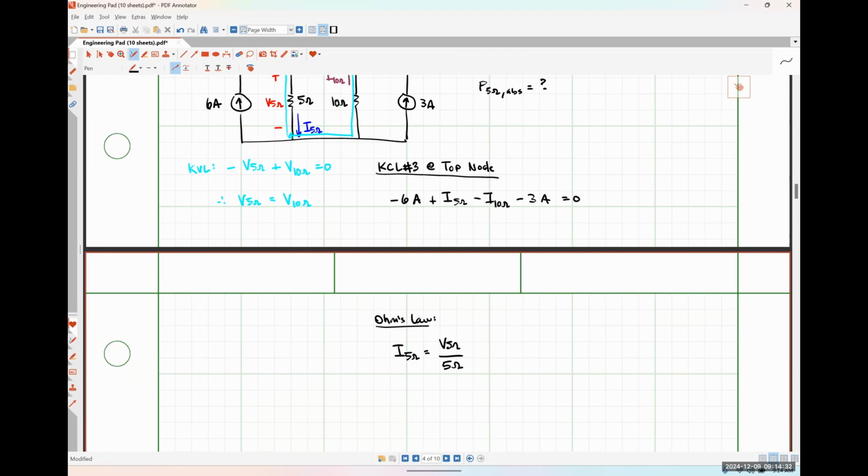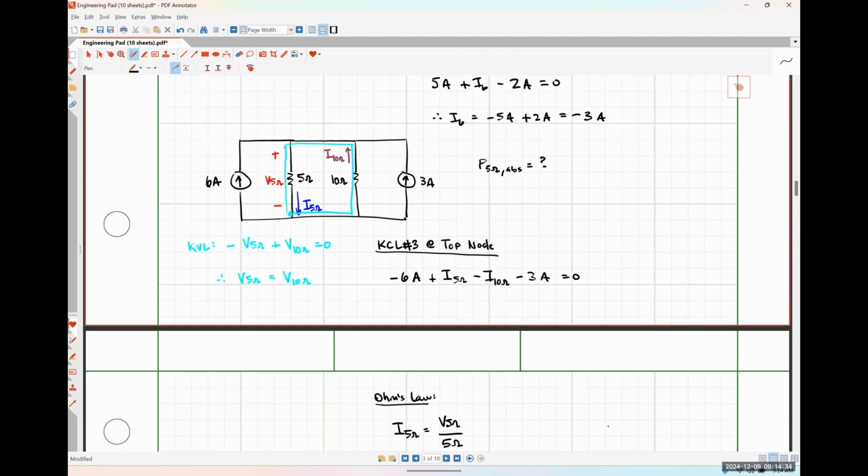Perfectly reasonable. Let's just double check some things here really quickly. Is the current I5 ohms flowing into the positive polarity terminal? I would agree it is. If it's flowing out of the negative, it's the same as flowing into the positive. Meaning, that I5 ohms on the top, is that the same current?